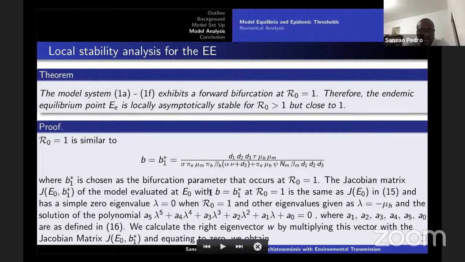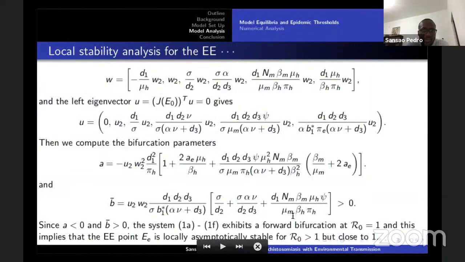This is a well-known method, discussed by Chavez in his 2004 paper, which mainly says that R naught equal to 1 is your bifurcation point, and from there you have a zero eigenvalue. That's what the method is all about.